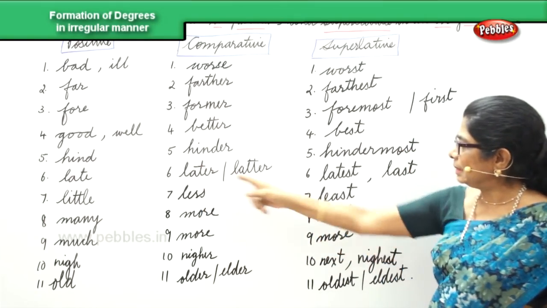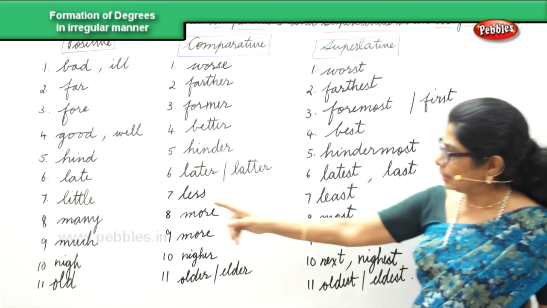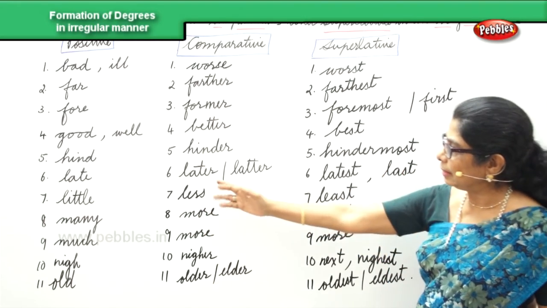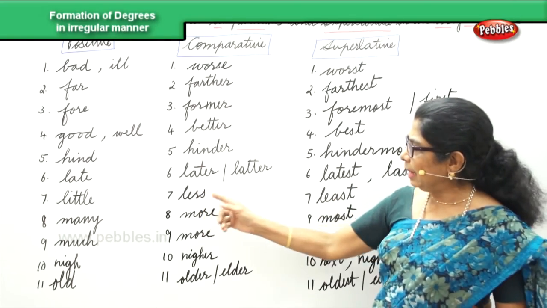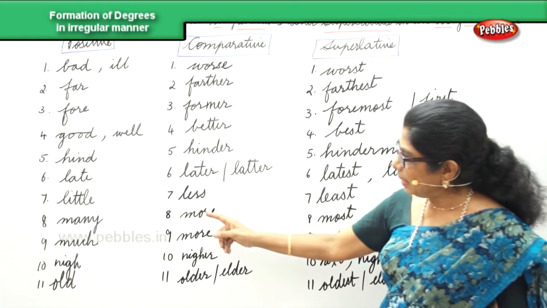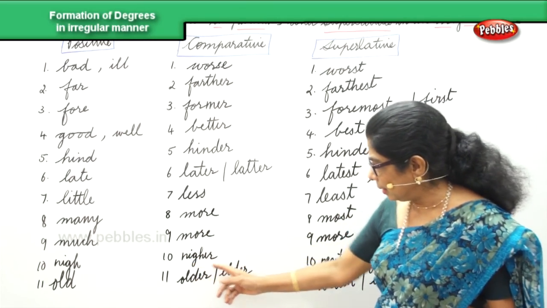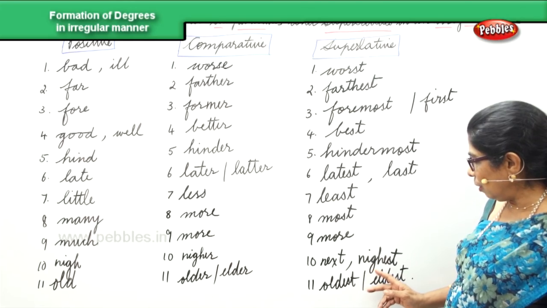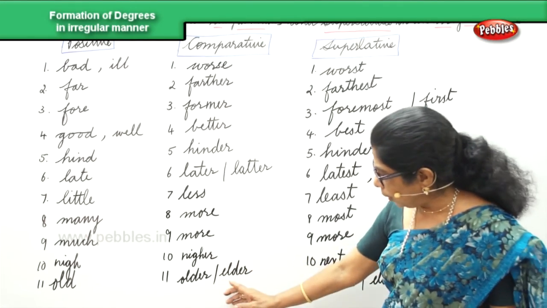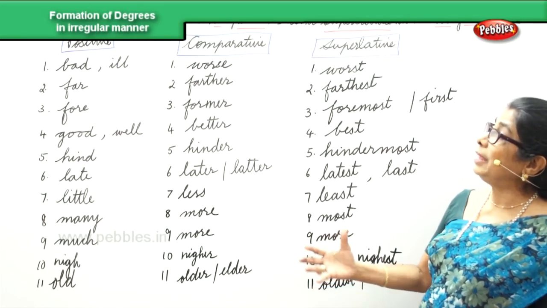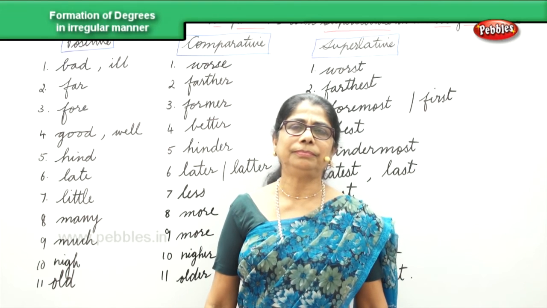Late, later, latest, or late, latter, last. Little, less, least. Many and much, you say more and most. Nigh, nigher, nighest or next. Old, older, oldest. Old, elder, eldest. So that is the irregular way of forming the comparative and the superlative forms.